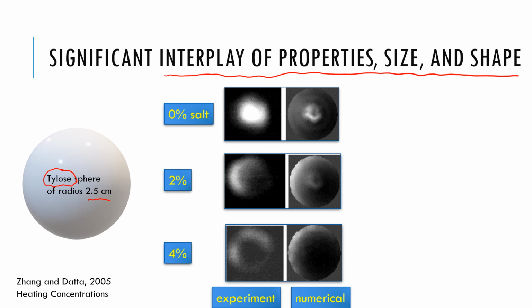One is from experiment, and the experiment is for the tylose, the cellulose material, with 0% salt, 2% salt, and 4% salt. For the experiment, this is using a thermal infrared camera.